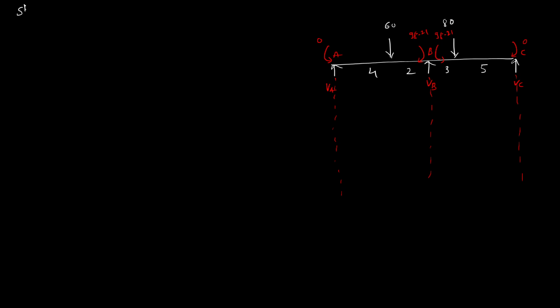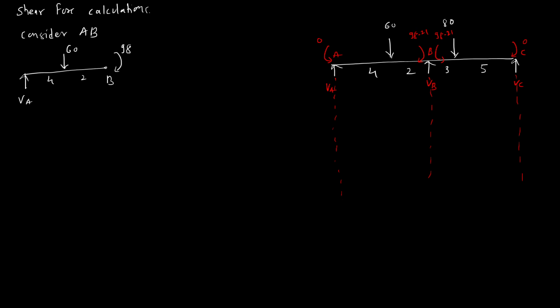This reaction we will name VA, this VB and VC. So shear force calculation. Same thing, we'll first consider AB, then BC, and then ABC. So this is VA. Here a point load is there of 60, at 4 and 2. This is B, and moment of 98.21. So what we have to apply here?